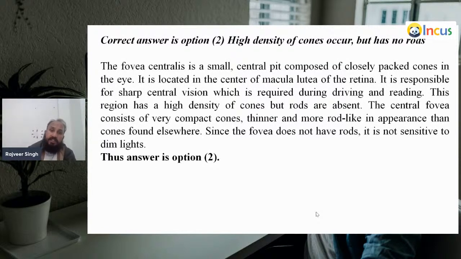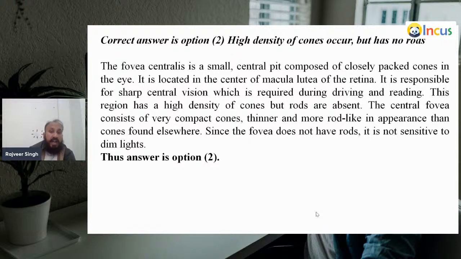The fovea centralis is a small central pit composed of closely packed cones in the eye. It is located in the center of the macula lutea of the retina, and it is responsible for the sharp central vision required during driving and reading.